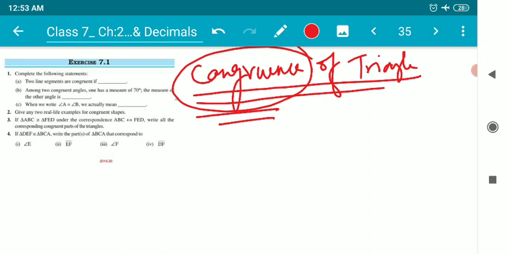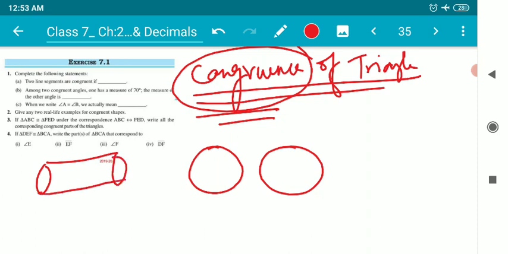For example, children, I have two biscuits from the same packet. Suppose there is a biscuit packet, suppose Britannia. I am taking the biscuits out of the packet.